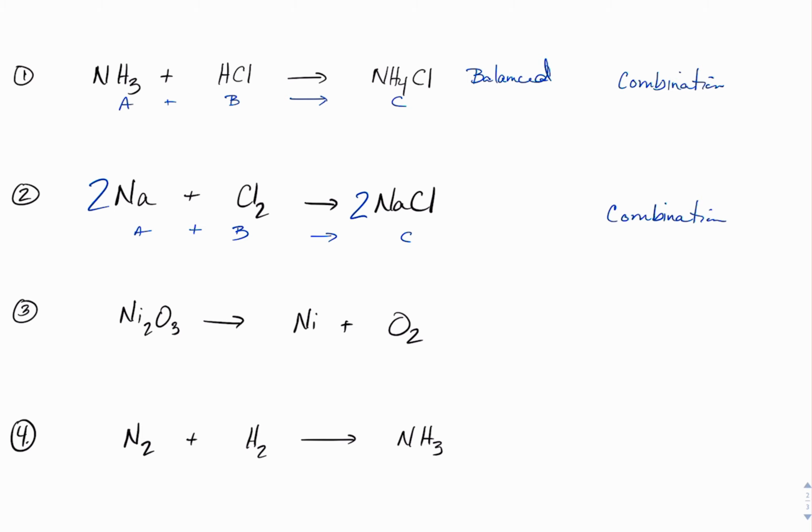The third is definitely not balanced, so we'll put a 2 in front of nickel to balance the nickel 3 oxide in the first substance. And then we would put, say, a 3 in front of O2, and then maybe a 2 in front of Ni2O3, but then that unbalances our nickel over here.